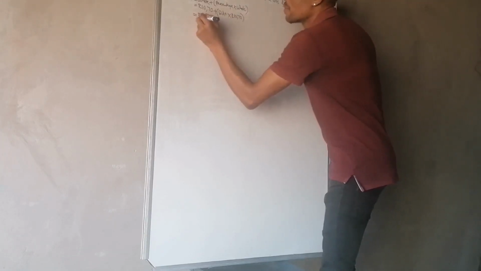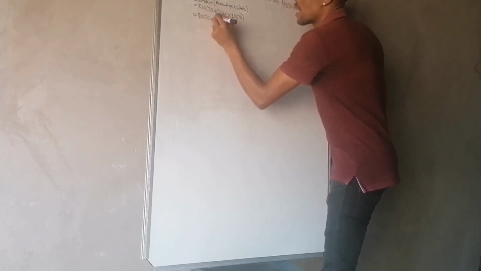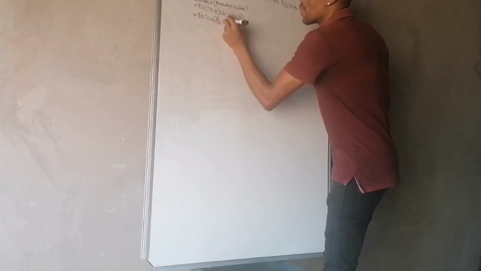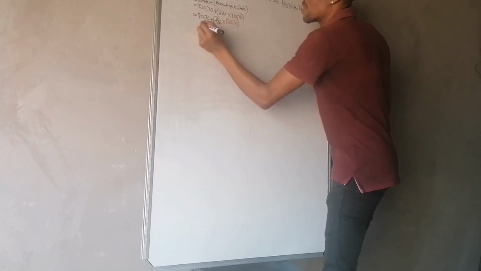So we have 10 rand 70 plus 12 over 100 multiplied by 10 rand 70.